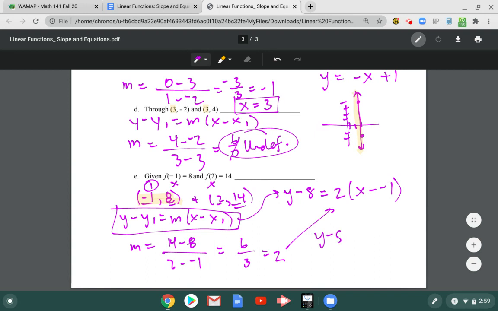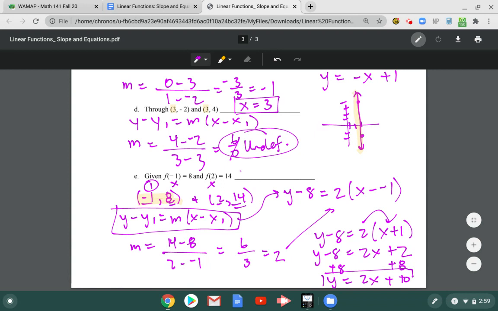So I've got y minus 8 is equal to 2 times x plus 1. I'll distribute that 2. Y minus 8 is equal to 2x plus 2 times 1. And now add the 8. So y, I've got just enough room, is 2x plus 10. Okay, y or f of x, 2x plus 10.